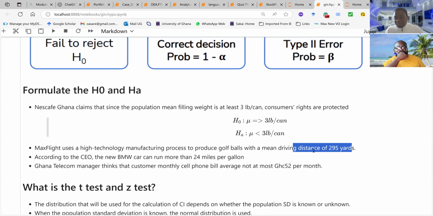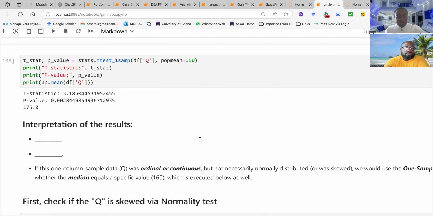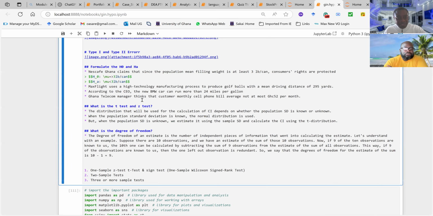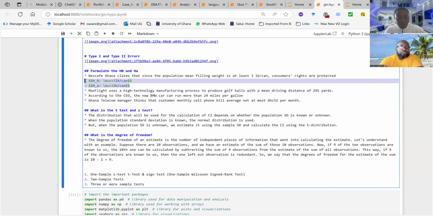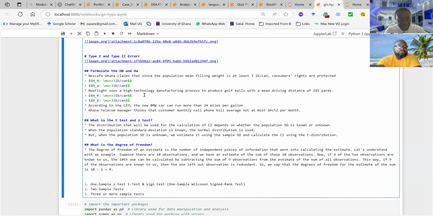You can just copy this one, dump it here. Let me see if I can do that quickly. Copy this one, dump it here, and then just change the equal to. Now remember that in this context, the null was dealing with 295, so you're supposed to have 295 yards here.